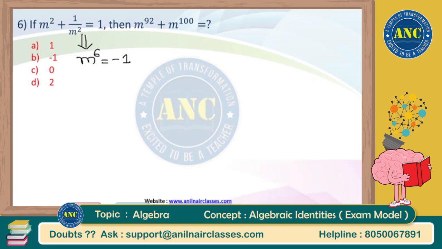Now see here, can I say that this 92 is nothing but m power 90 into m power 2. M power 90 is 6 into 15. It is an odd multiple, so it is minus 1 into m power 2. It is minus m square, plus the closest multiple of 6 to 100, which is m power 102 divided by m square.